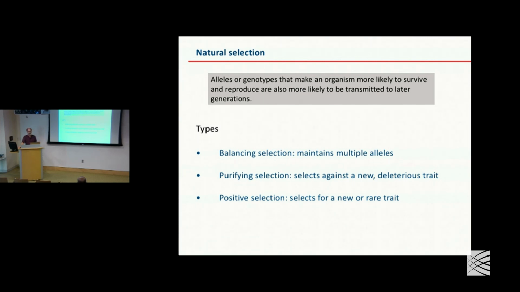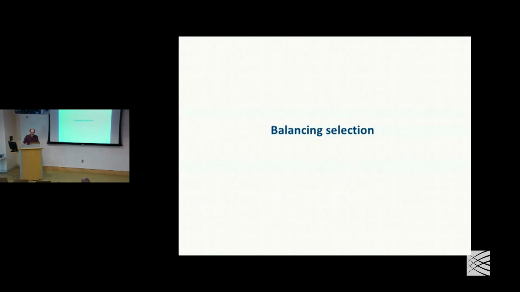And positive selection is the converse of that. If you're selecting against one thing, you're selecting for something else. It's selection for a trait that you usually think of as something new or at lower frequency, and that's being selected for to spread in the population because it gives an advantage. I'll talk about each of these in order.